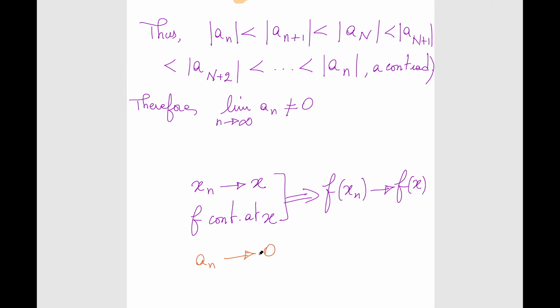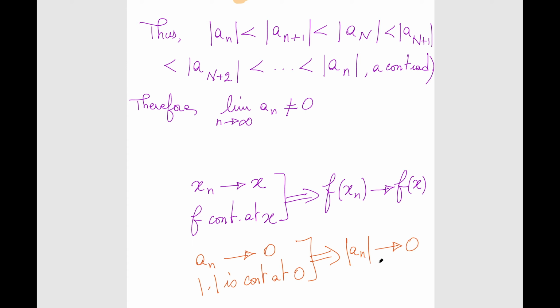If an goes to 0, and the absolute value is continuous everywhere, in particular at 0, then by this theorem, once you specialize xn to be an, x to be 0, f to be the absolute value, I can infer that the absolute value acting at an must also go to f of x. Who's f? The absolute value. And who's x? It's 0. So that's going to go to the absolute value of 0. And what's the absolute value of 0?